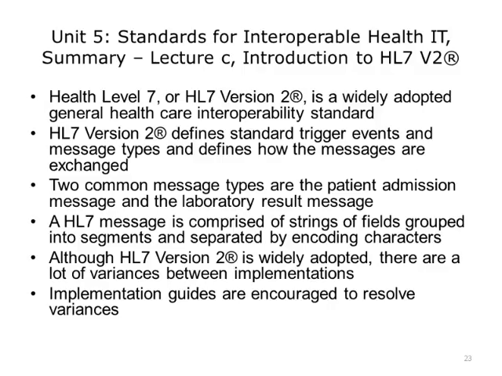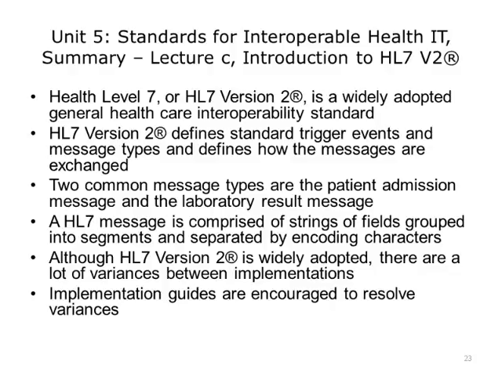This concludes Lecture C of Standards for Interoperable Health IT. To summarize, Health Level 7, or HL7 version 2, is a widely adopted general healthcare interoperability standard. HL7 version 2 defines standard trigger events and message types and defines how the messages are exchanged.